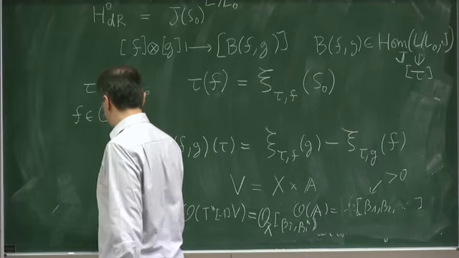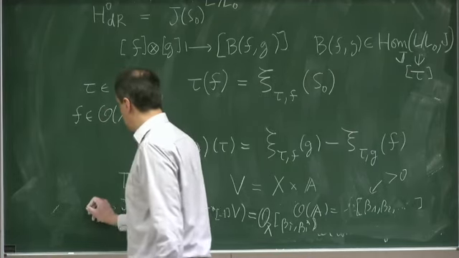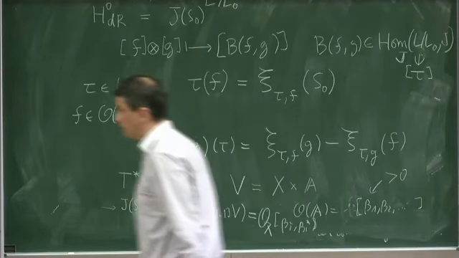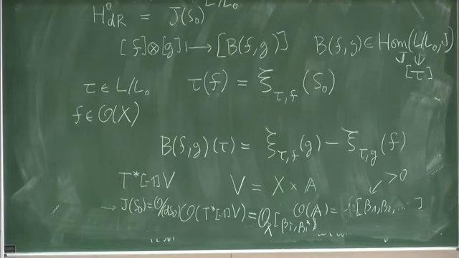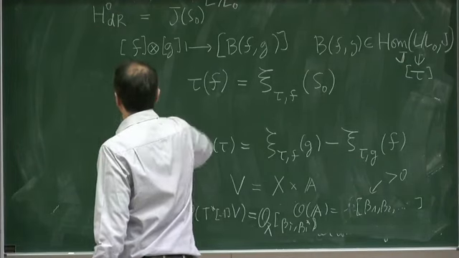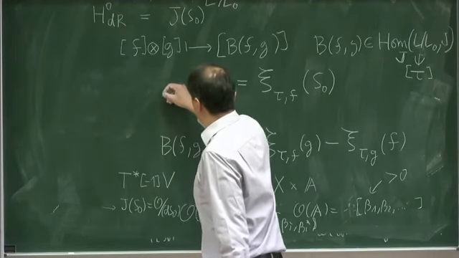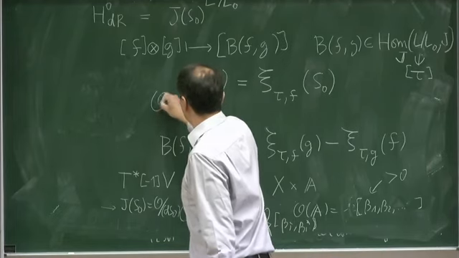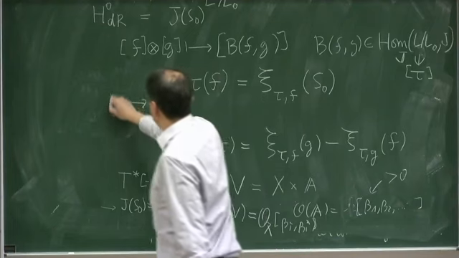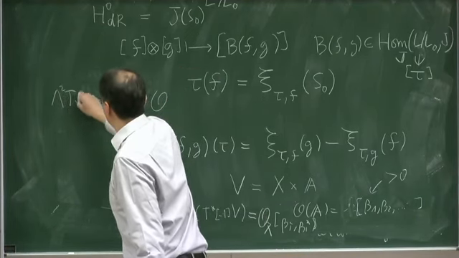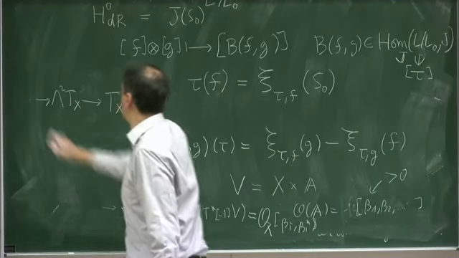Namely, you will start by writing, right, so what does it mean? You will start with the Koszul complex. So the beginning of the Tate resolution will be of the following type. You start with O_X, then you have the tangent bundle T_X, then O of H2 of T_X, and so on.